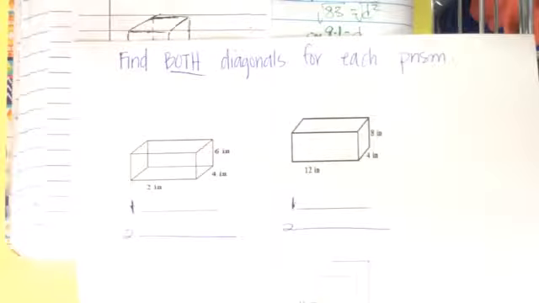All that means is we're doing what we did today. It's just not clearly written on the assignment. So we're doing what we did in class today. But as you get that, just find both diagonals on the back of the paper.